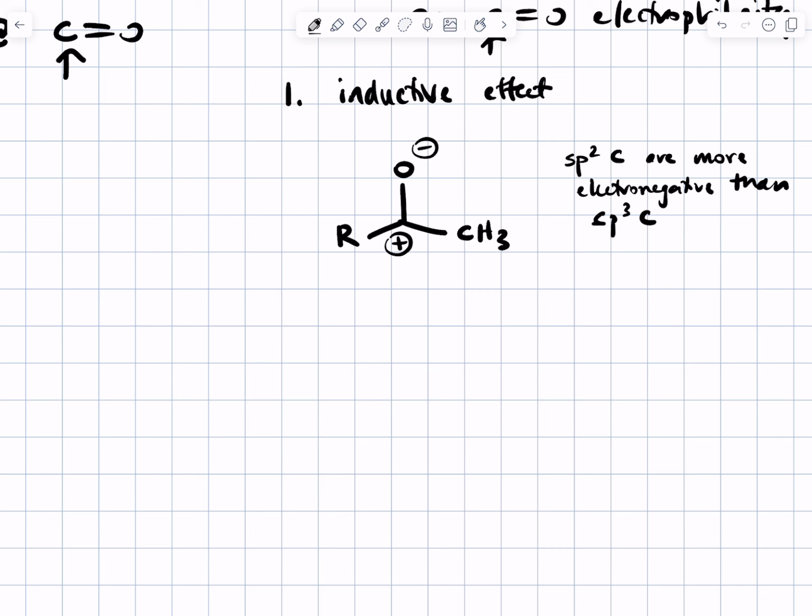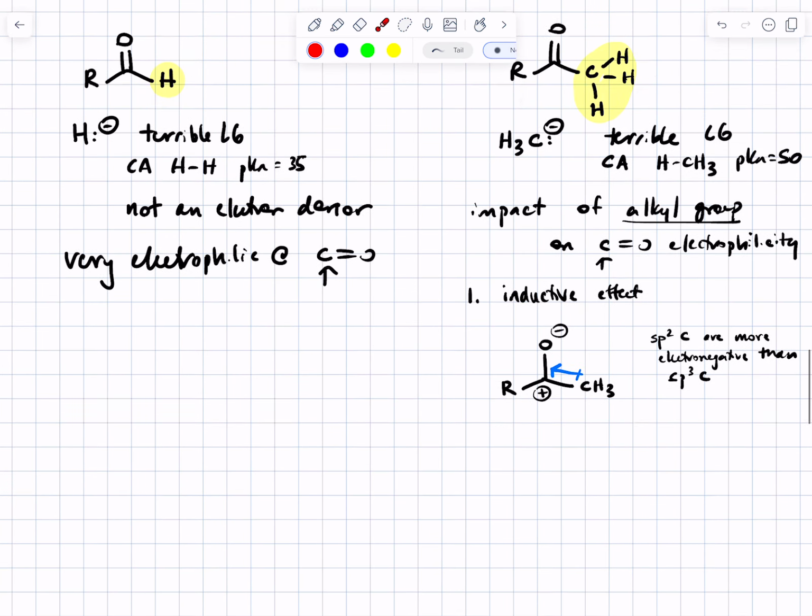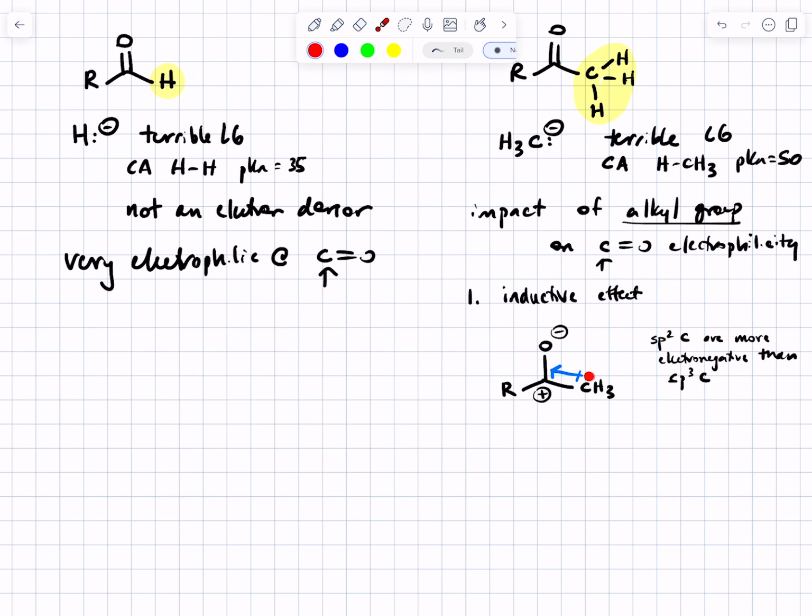If that were true, then you would predict some kind of bond dipole that would allow, just through the sigma bonds, the electrons in this carbon-carbon sigma bond to lean a little bit into the carbonyl carbon and diminish the positive charge on the carbonyl carbon. That difference in electronegativity is bigger than the difference between carbon and the aldehyde hydrogen.